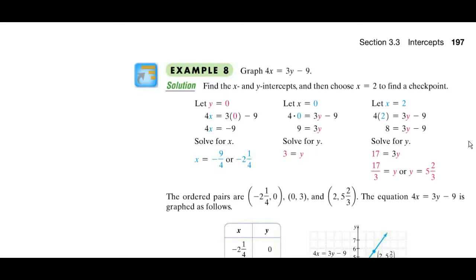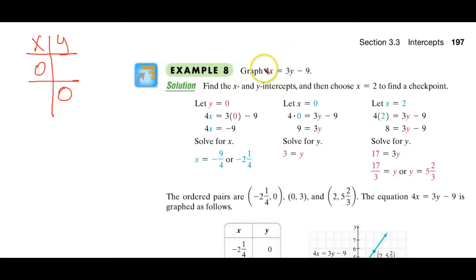Now, here they're asking us to graph this using the intercepts. So again, I would strongly suggest you make yourself a little T-chart. Now, notice that this is not in standard form.